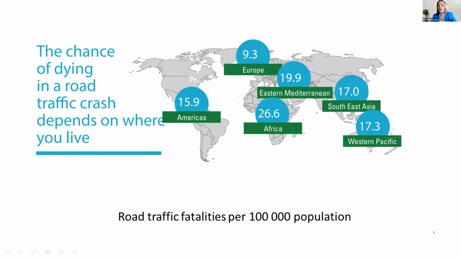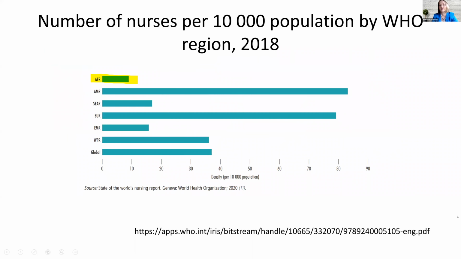I put this up because I think it's a very interesting slide, and unfortunately very bad for us that, as it says, the chances of dying in a road traffic crash depend on where you live. Unfortunately, Africa is one of the worst places, and road traffic fatalities are indeed a big problem for us.